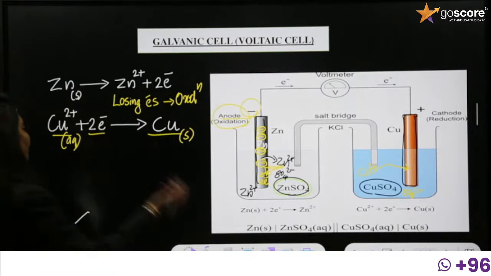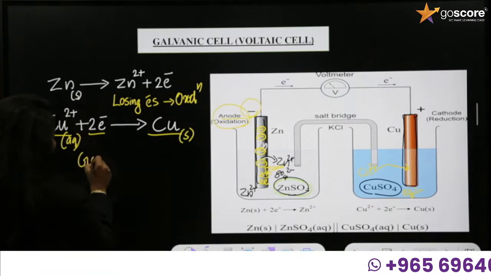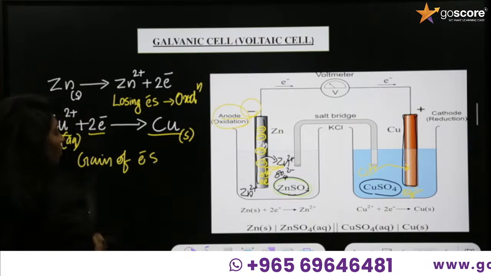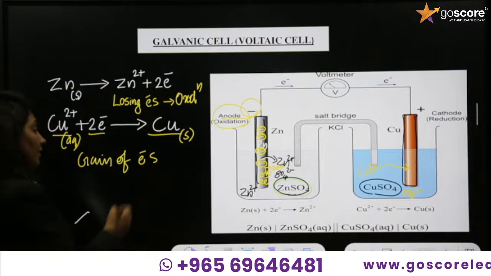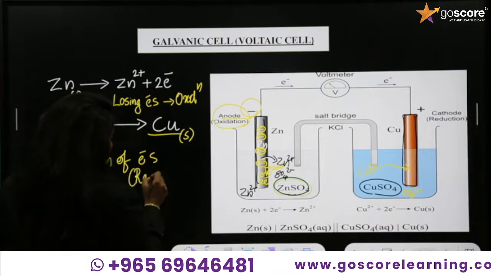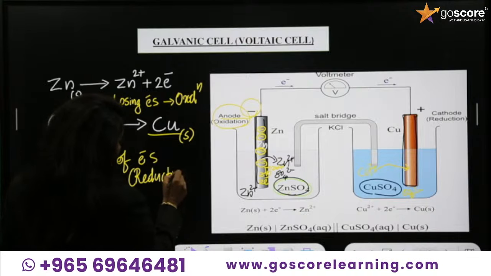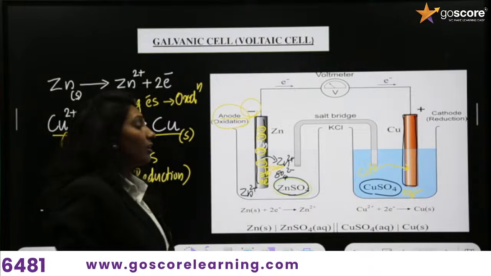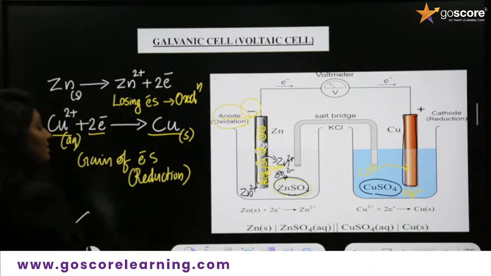Okay, as copper. So here gain of electrons is taking place, right? What is gain of electrons? The gain of electrons is reduction, isn't it? So here reduction is taking place.